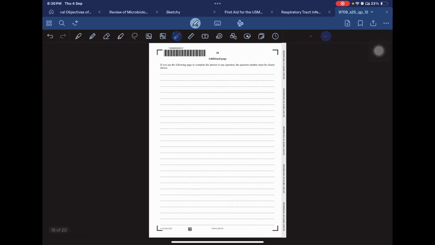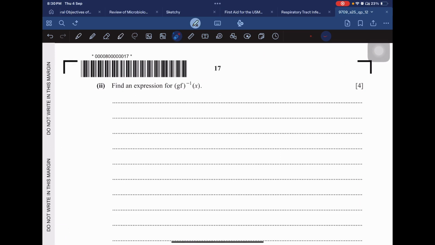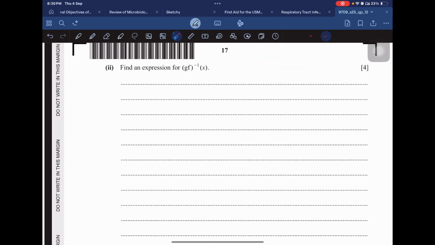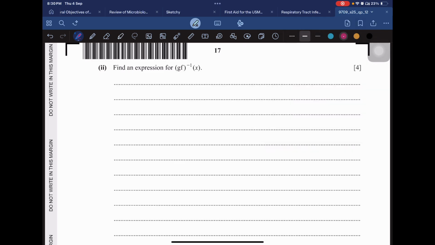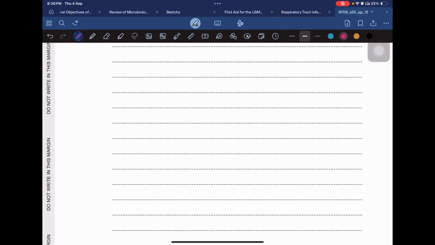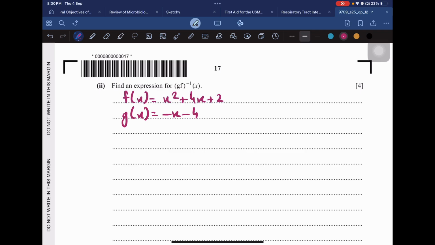Now the last part, they're saying find an expression for gf inverse. So first let's find gf. Now f is x² + 4x + 2 and g(x) is −x − 4. So first let's just find gf(x). We'll replace x by f(x).